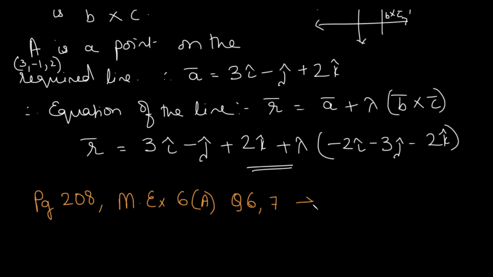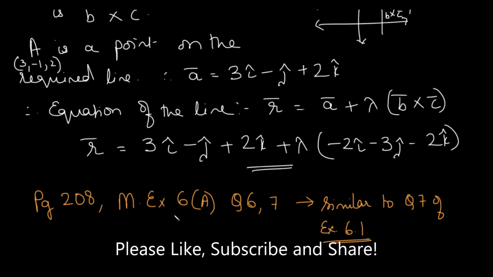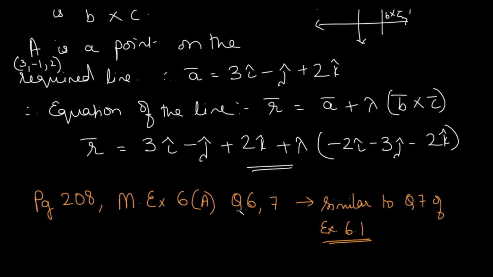Both these questions are similar to question number 7 of exercise 6.1, which we did today and which was really easy. Complete these sums in your notebook, which will give you extra practice of the concept. We'll meet in the next lecture with the next concept of the chapter.